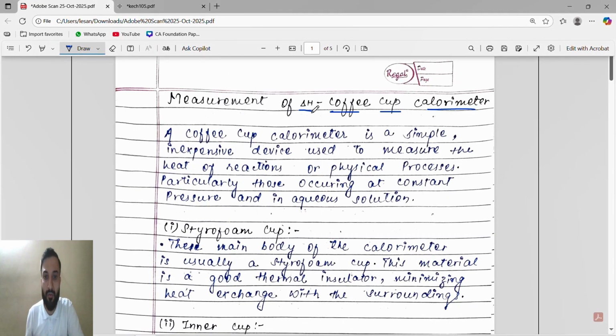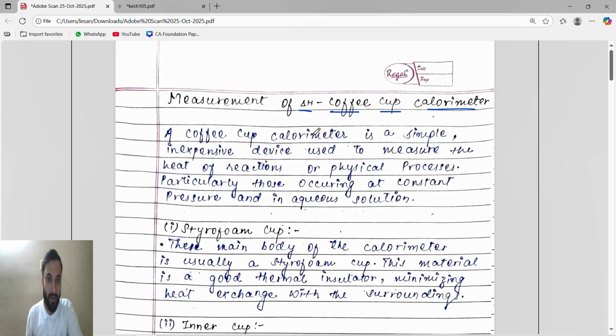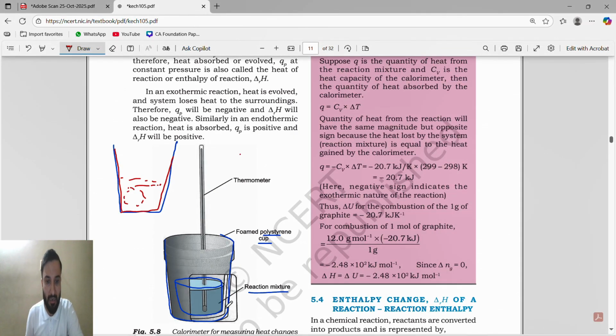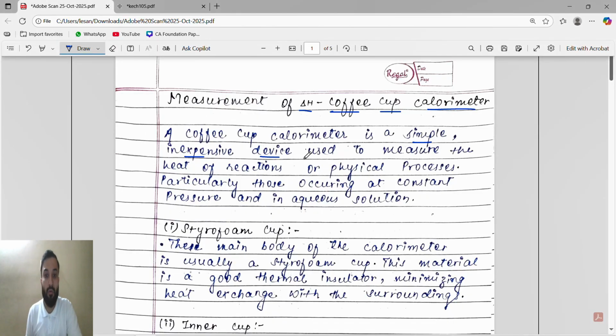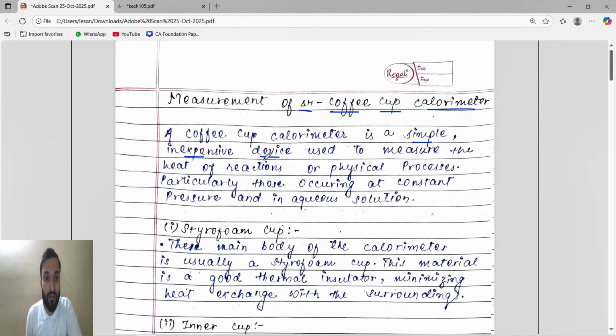See here, measurement of delta H is with the coffee cup calorimeter. So what is this? A coffee cup calorimeter is a simple, inexpensive device. By seeing it only, we can get to know it is simple and inexpensive. It is used to measure the heat of reaction or physical process, particularly those occurring at constant pressure and in aqueous solution.